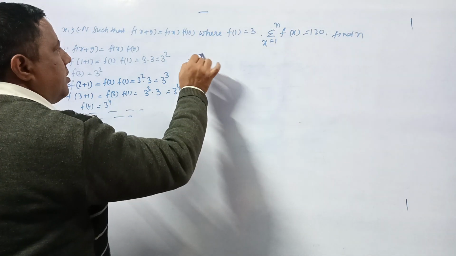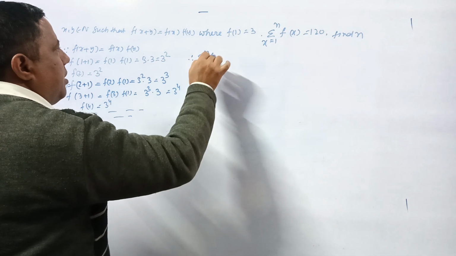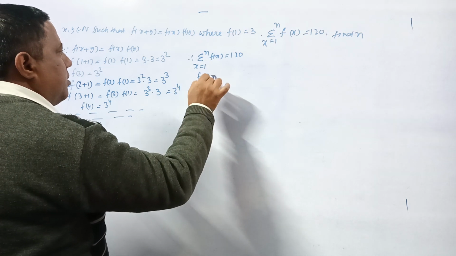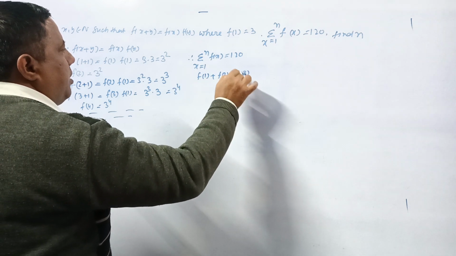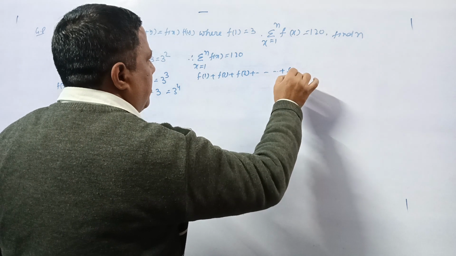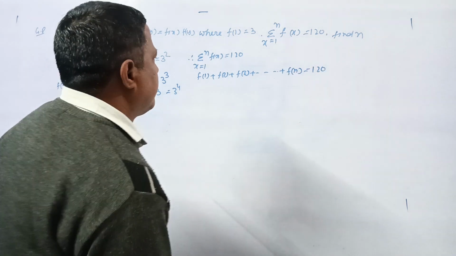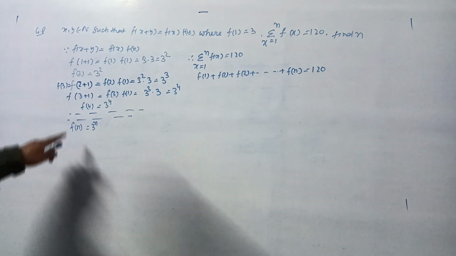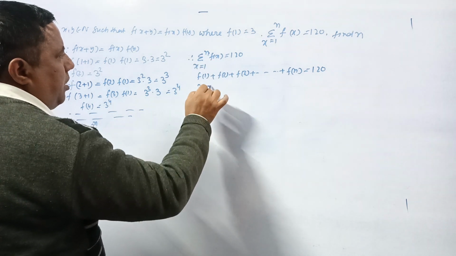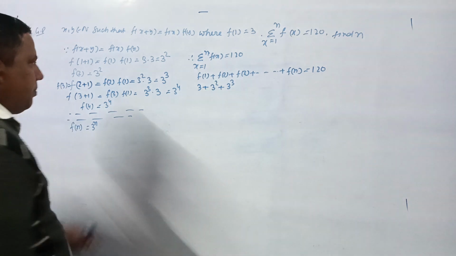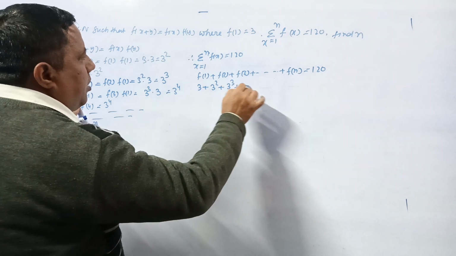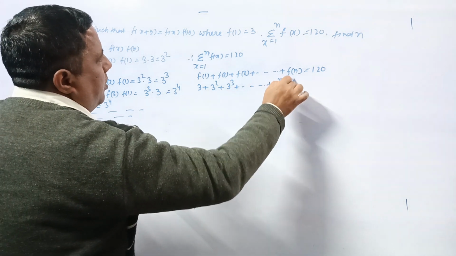Therefore, sigma x equals 1 to n of f(x), 120, equals f1, f2, f3 and so on up to fn, equal to 120. f1 is 3, f2 is 3 square, f3 is 3 cube, and so on, fn is 3 power n, equal to 120.